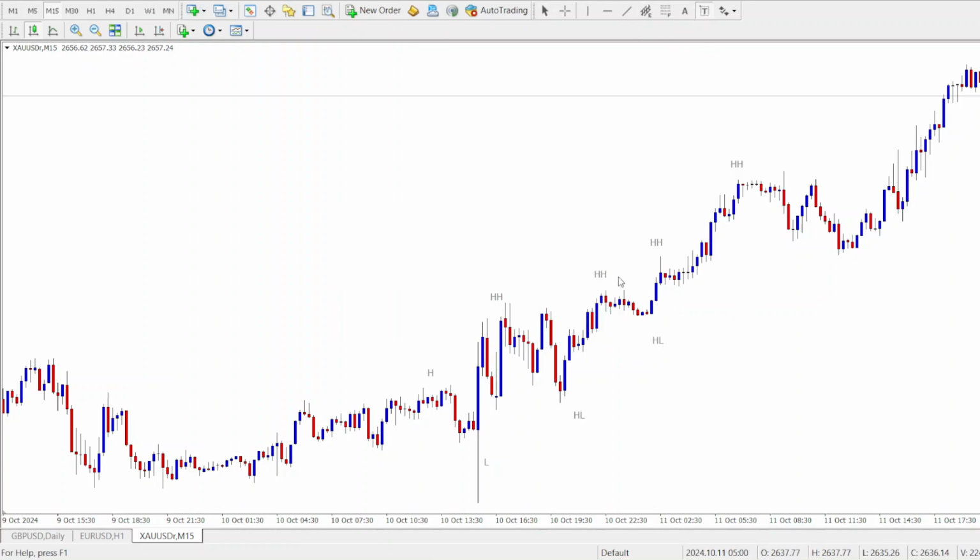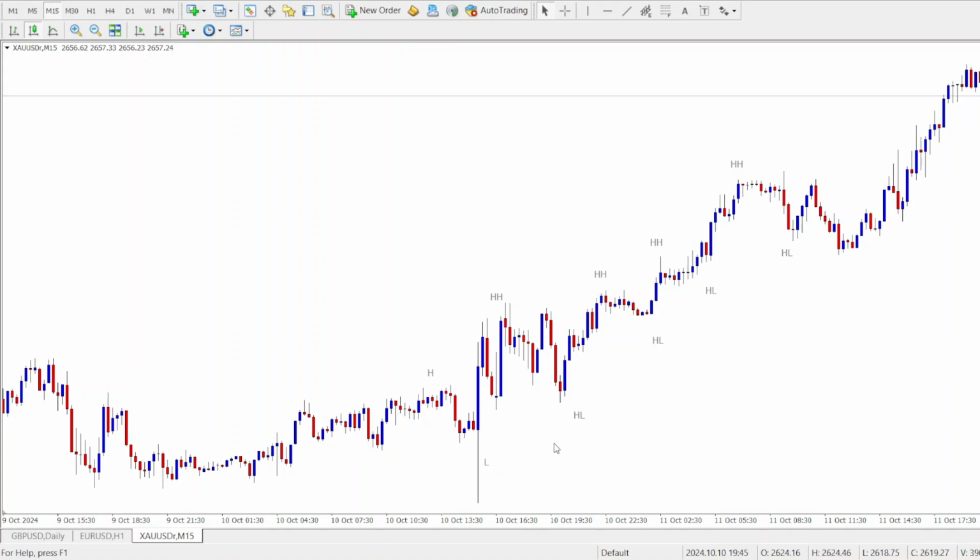This other low is higher than the previous. This other low here is higher than the previous before we had a break of structure. And you can see a break of structure now happened. We now had a lower high and a lower low.